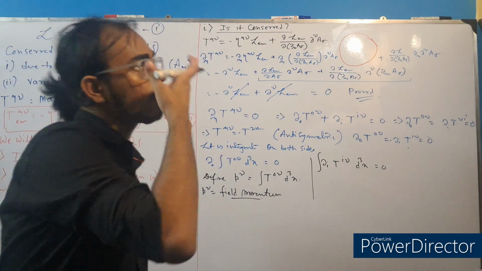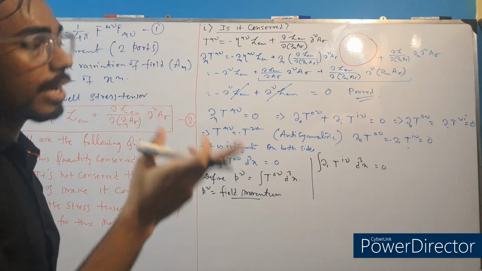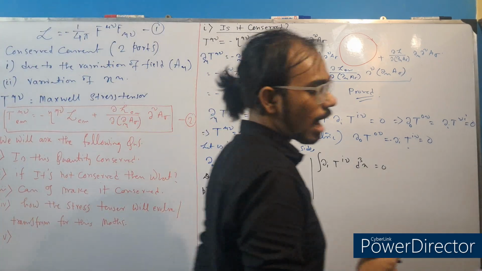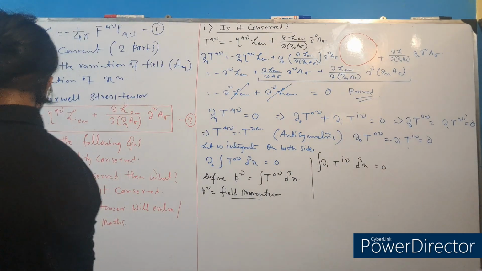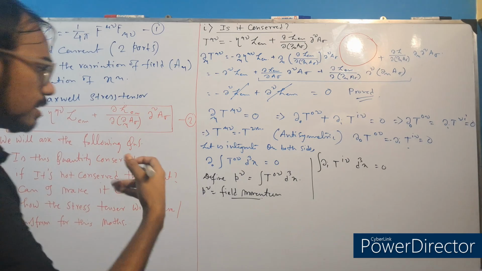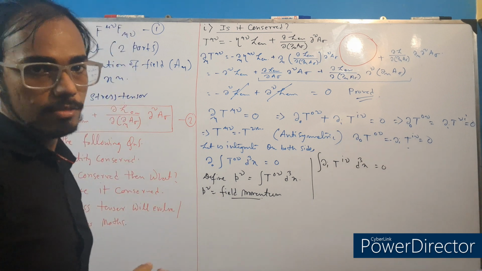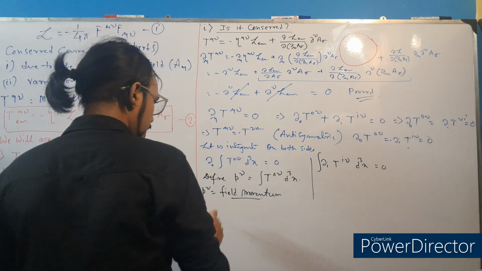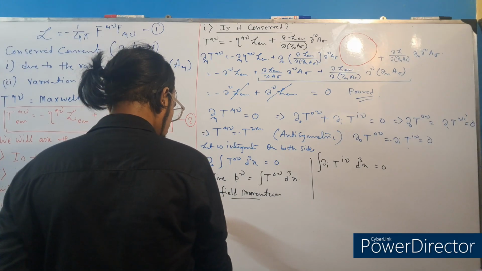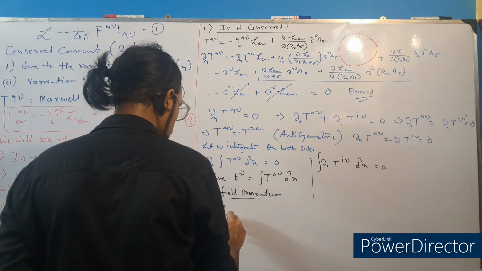I think you remember the Poynting vector. The Poynting vector denotes how much energy is getting transferred through a surface. So this P^ν is the same thing, but here instead of energy we are talking about momentum. So P^ν is field momentum, and I can write that ∂_0 P^ν equals 0.